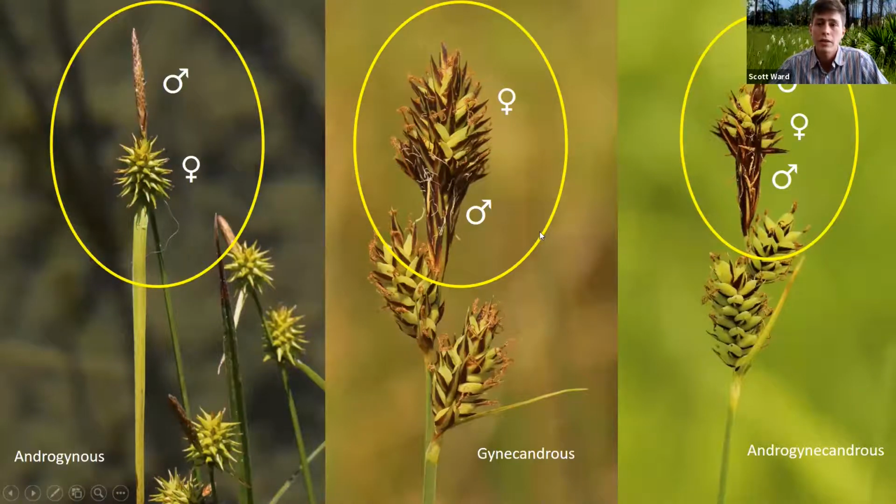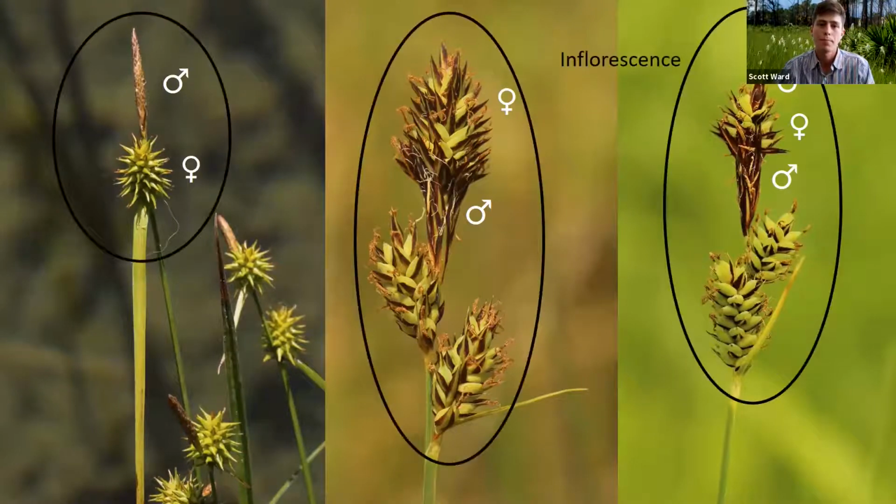So this would be gynecandrous. Even within this species, it can vary quite a bit, and sometimes it'll be androgynecandrous, so there'll be male portions above and below the female portions in the distalmost spikes, and you'll see that in a second.